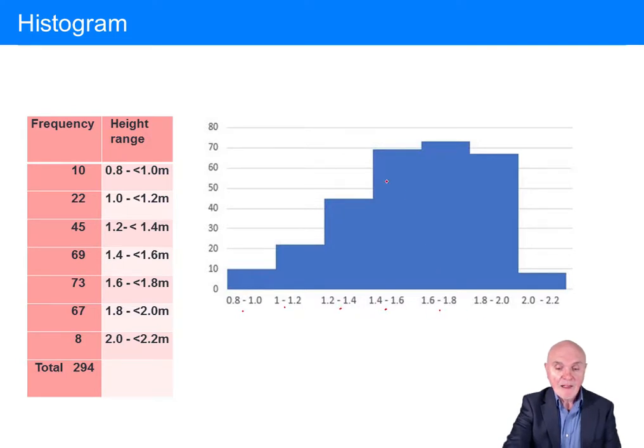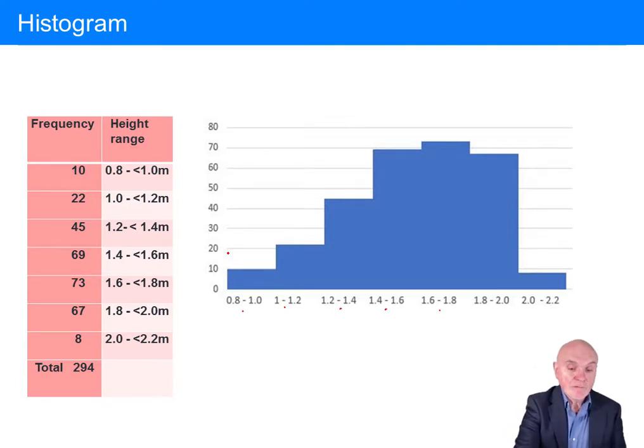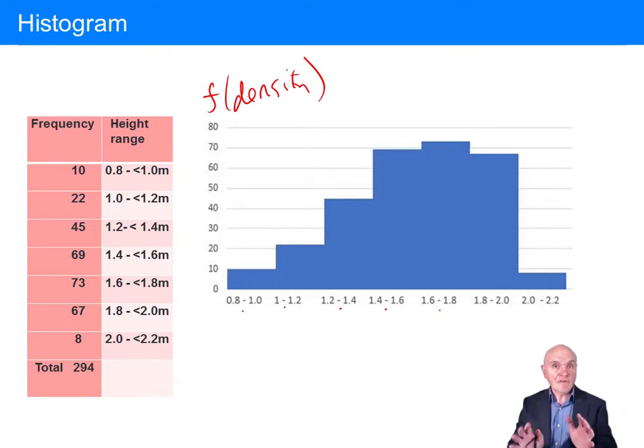And basically what we have up the side here is going to be the frequencies. So this is the frequency. Strictly speaking, it is a frequency density. But if all the intervals are the same, like here, 0.2 meters, then the height is proportional to the frequency.